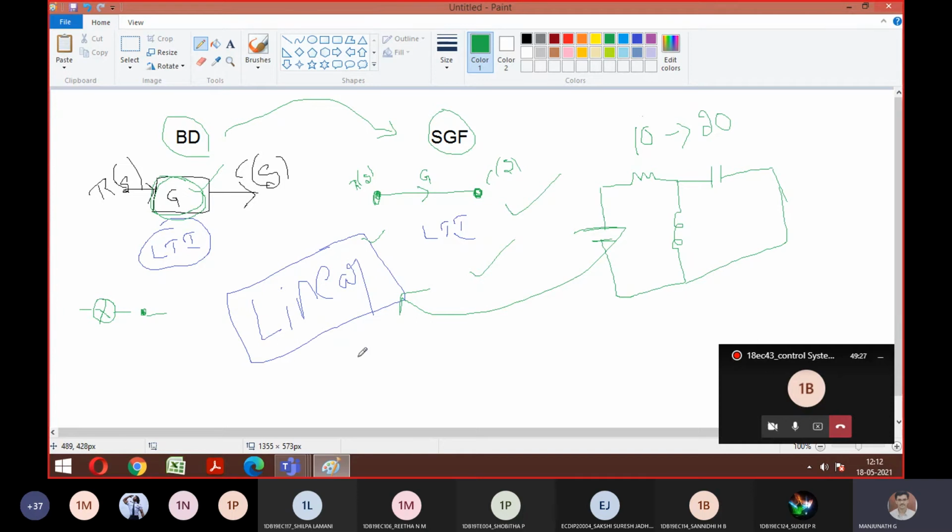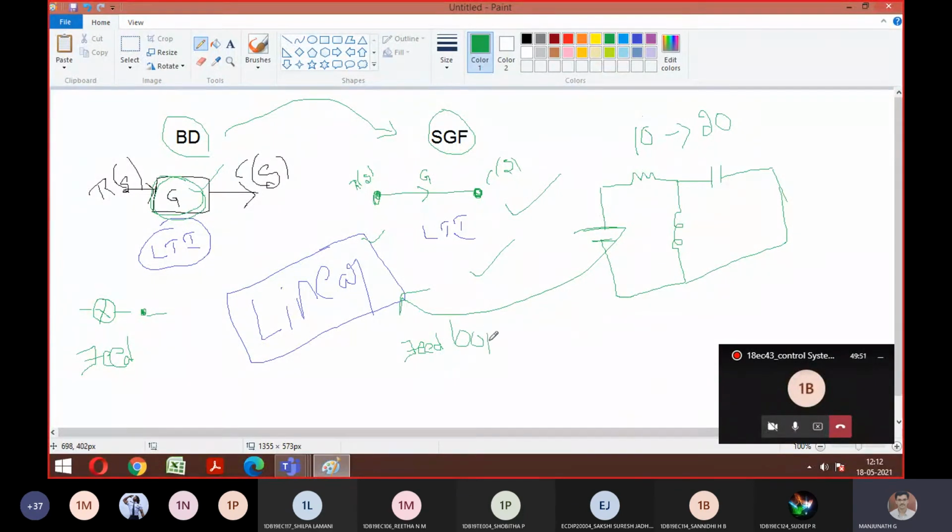And the next point is we had a concept of feedback path. Yes or no? We had feedback paths in this block diagram. Correct, sir. So that feedback path is replaced with feedback loops. You're not going to call it a path now, you're going to call it a loop. So there is a concept of loop here.